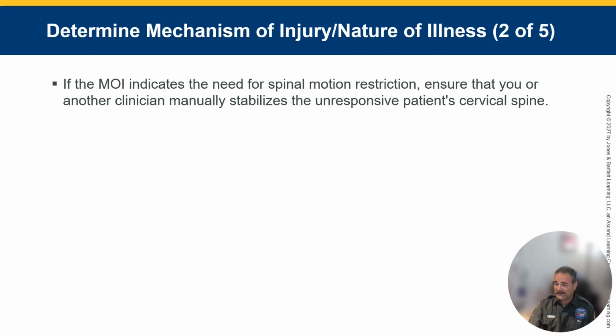So it's definitely indicated in the context of blunt trauma that presents with any of the following. If the patient has pain or tenderness on palpation of the neck or spine, if the patient reports pain in the neck or back, or if there's deformity of the spine, or if the patient has any kind of paralysis or neurological complaints, such as numbness or tingling in their feet or in their hands, or partial paralysis of the legs or arms.